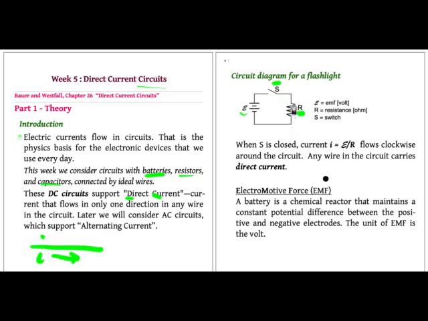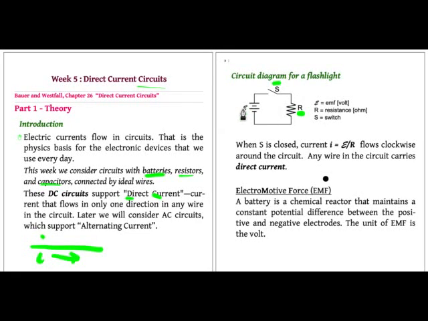The bulb is made out of a wire, probably tungsten, which has a fairly high resistivity. It's a conductor, but it has a high resistivity, and so there will be a lot of energy conversion occurring in the bulb. We'll be converting the energy of the battery into light energy.